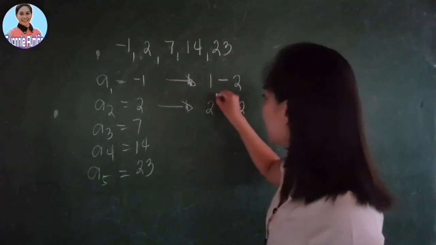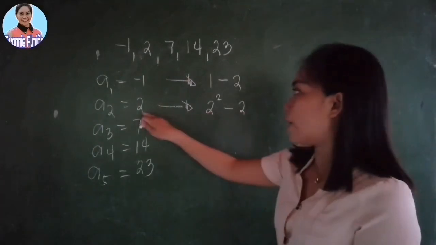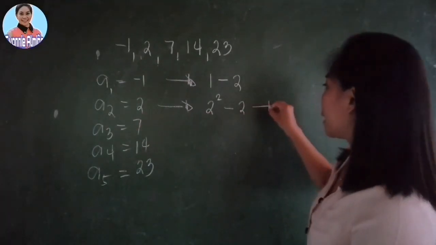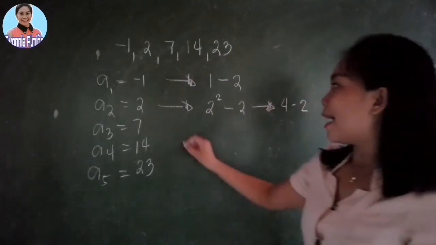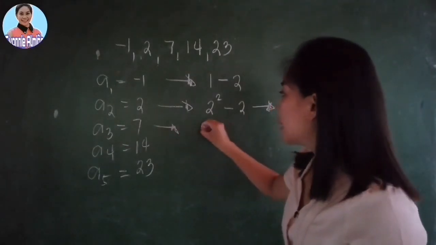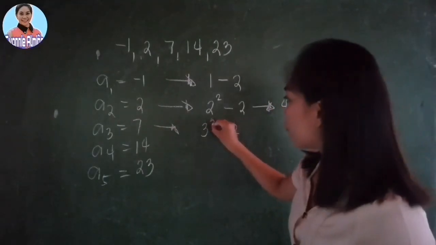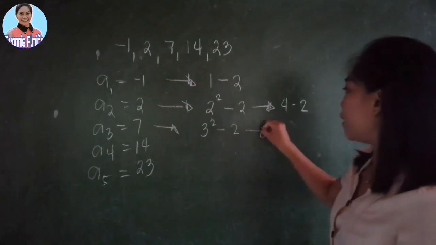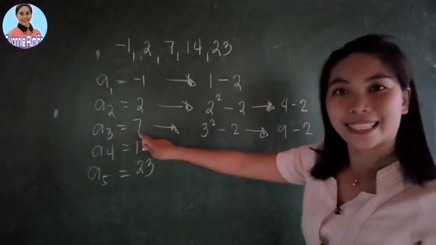Then, what will happen? So, 2 squared, that is equal to 4. Minus 2, you have 2. Then, how about this one? Then, 3 minus 2, that is 1. Then, we will square it. So, what will happen? That is 9 minus 2, that is equal to 7.